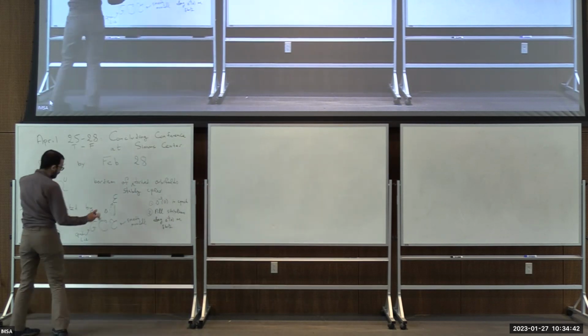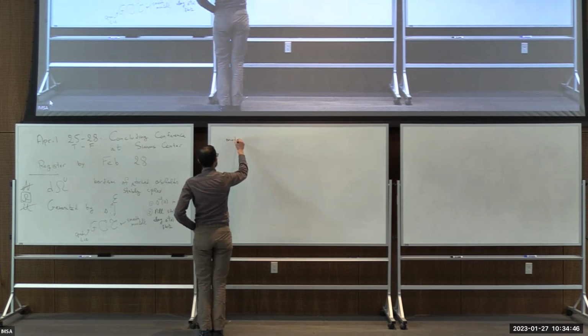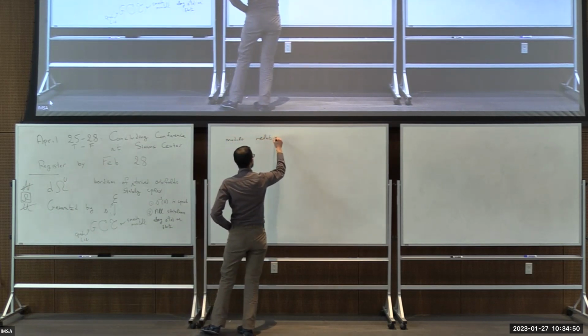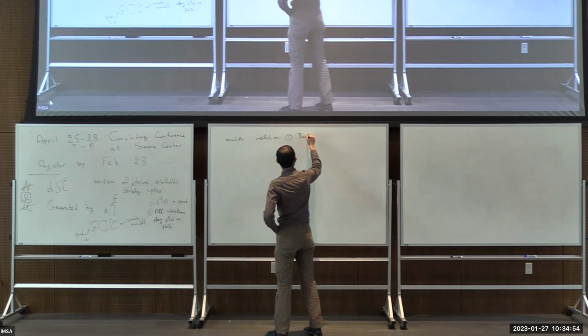And it's generated modulo the relations, which are given by cobordism, and two, stabilizing by a vector bundle.